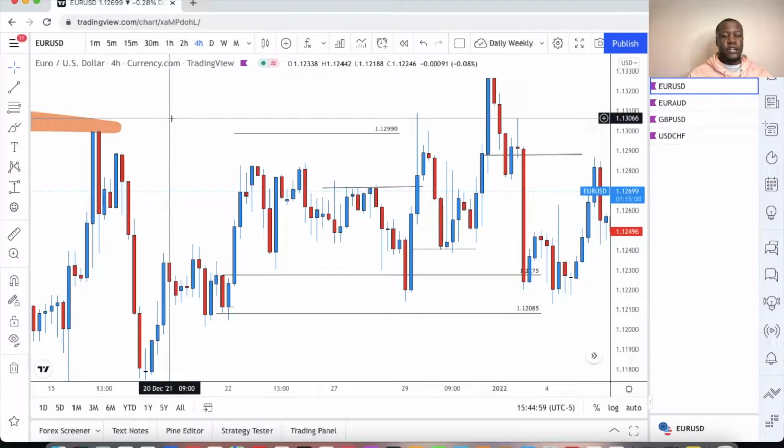The reason why you want to take partials, especially as a new trader, is because you might be in a trade and you'll be in profit, and you might stop looking at the trade, and then all of a sudden, whether it be a news release or anything, could happen where the market just goes against you at any point in time.